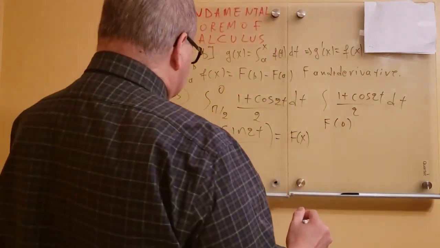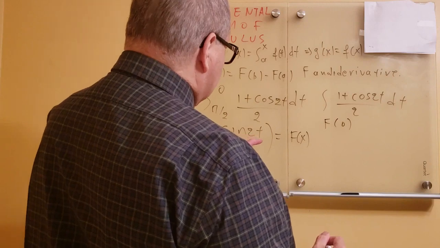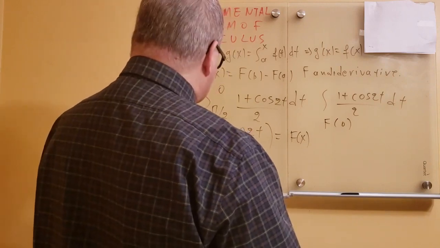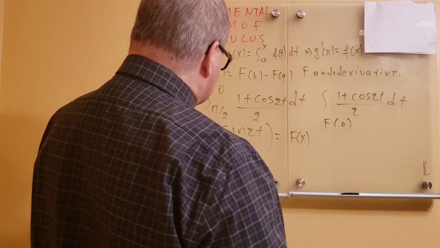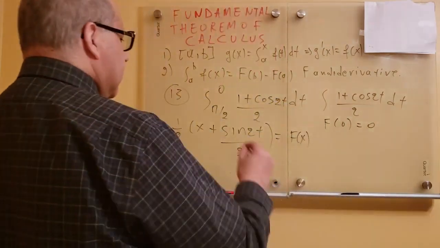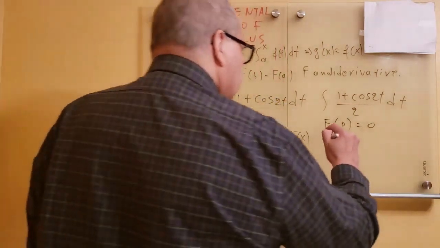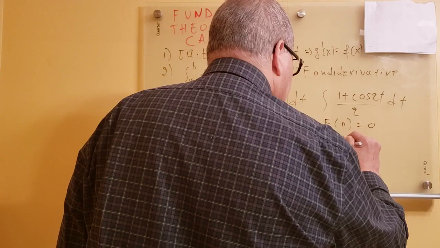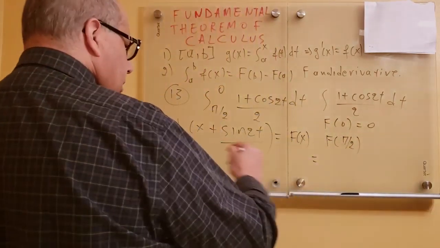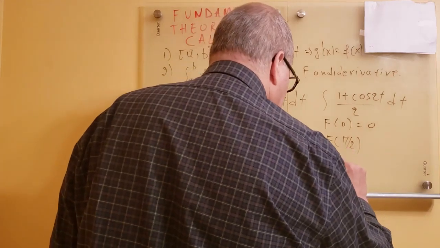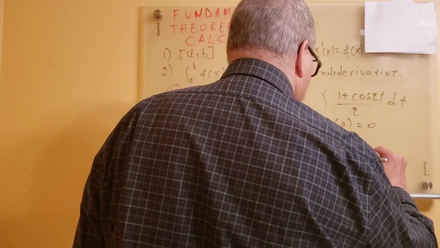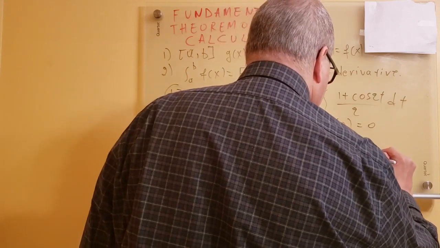I mean, it's 1/2 times 0 plus the sine of 0 over 2. The sine of 0 is 0. So that means that all of this becomes 0. And then you have to evaluate it at pi over 2. So the F at pi over 2 is equal with 1/2 pi over 2 plus the sine.